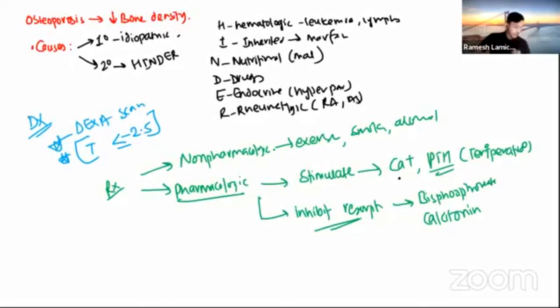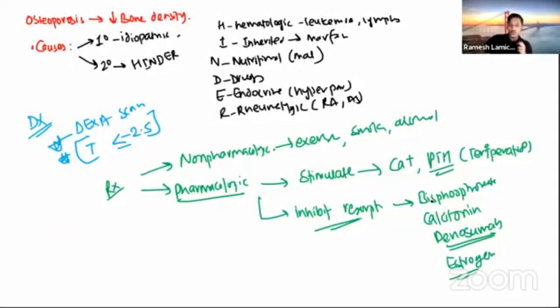Then there is a monoclonal antibody called denosumab. That is one monoclonal antibody we use, denosumab. Another one you can see is estrogen, which stimulates the bone and inhibits bone resorption.